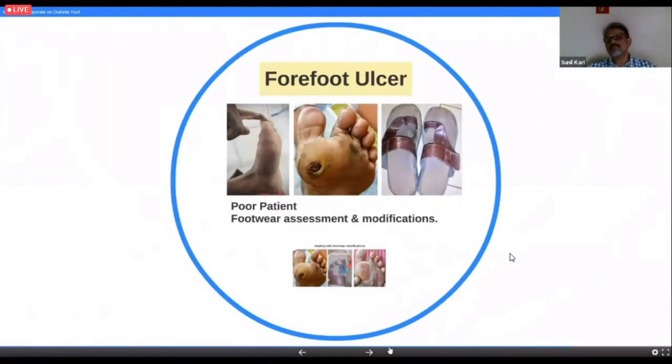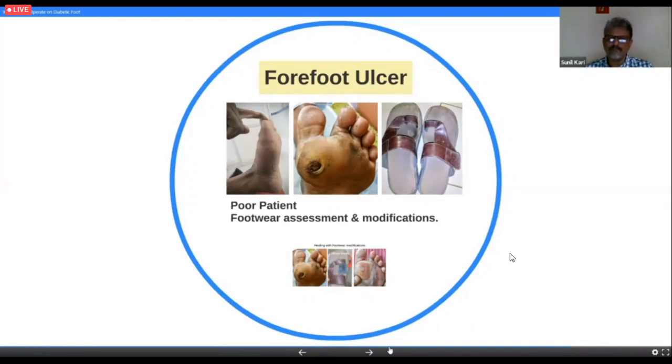Now, forefoot ulcers, where we designed some modifications in the footwear because they were not compliant for casting. So we had to plan for this patient who had a rigid foot and who was very poor, and he had a first MTPJ chronic DFU. So we had a footwear assessment, and we could notice that there was a lot of plantar pressure at the first MTP area.